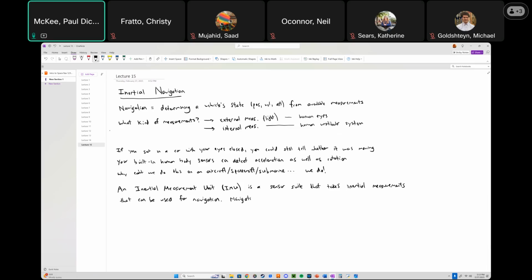Navigation done using these measurements is called inertial navigation. And this is similar to something that you might have heard of. It's called dead reckoning. We'll explain that in a second.